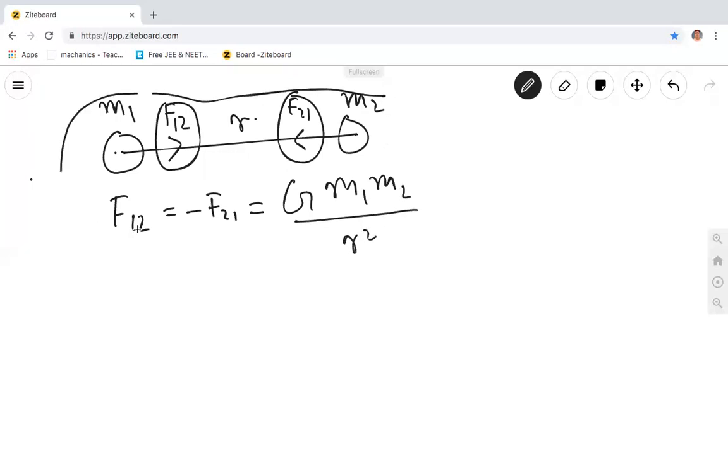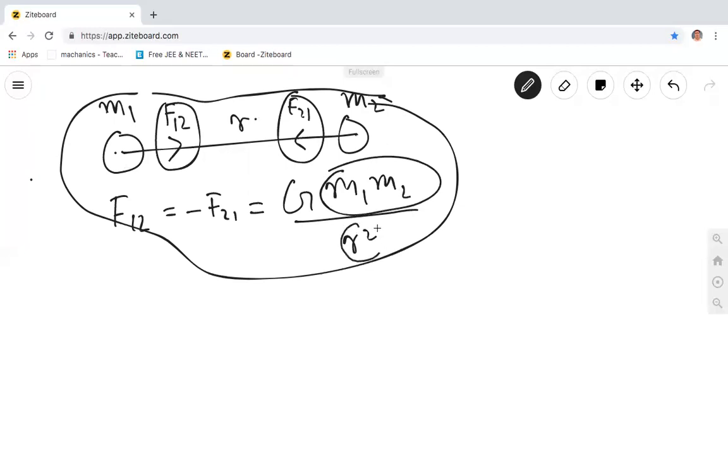Gravitational force between two objects is proportional to the product of the masses and inversely proportional to the square of the distance, with a multiplied constant G, where the G value is 6.67 times 10 raised to power minus 11 newton meter square per kg square.